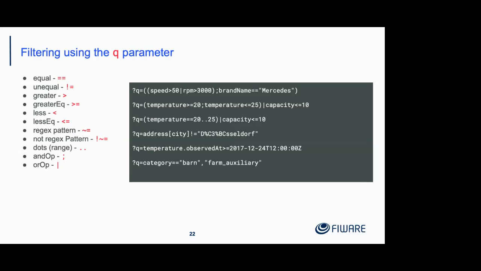Finally, you can very frequently use commas to look for elements within an array, in the same way as you can say either ID equals X, Y, or Z. You can say the category of my building is barn, farm, auxiliary, field, or whatever.